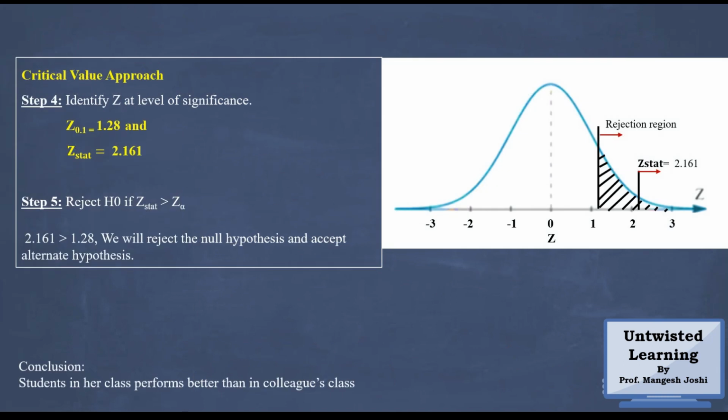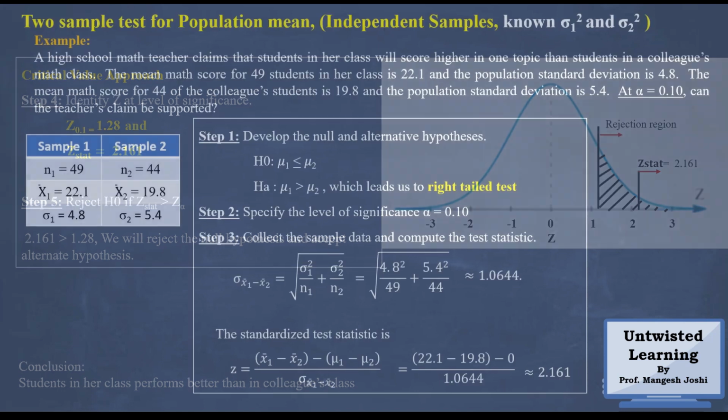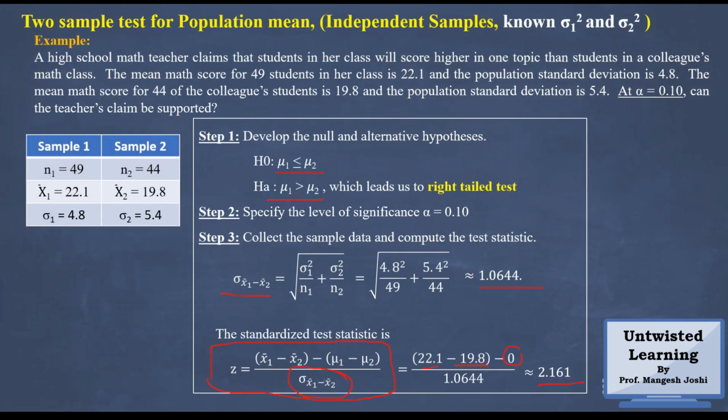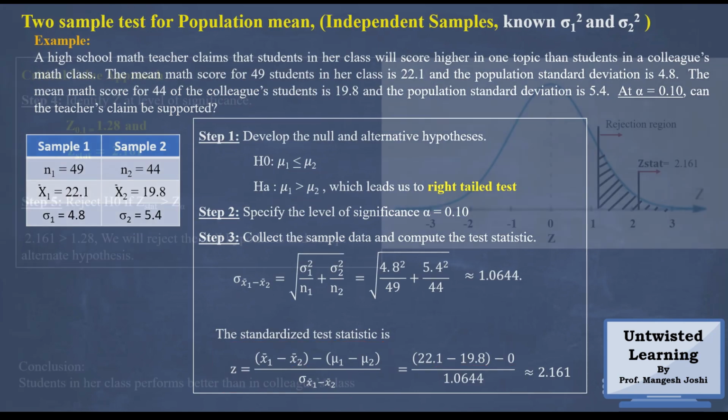Now using the critical value approach, it is a right tail test. We have the Z value as 2.161, right?